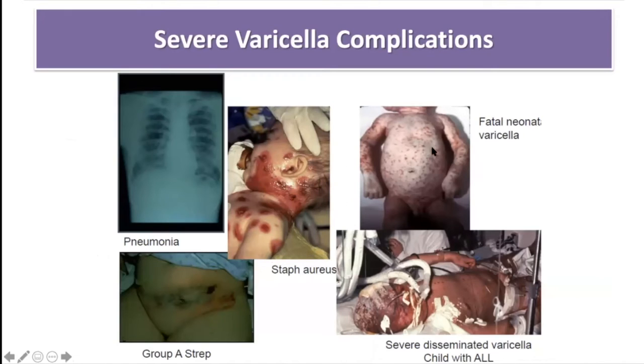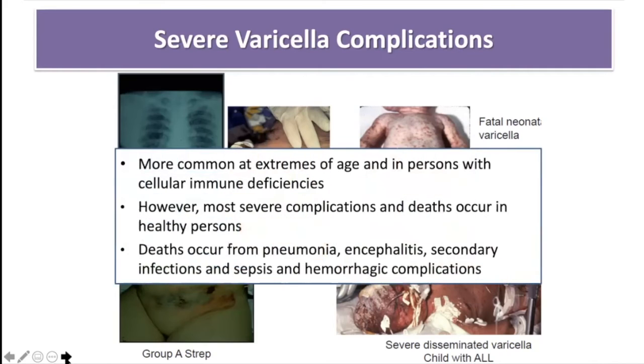This is an example of a patient with congenital varicella syndrome and a patient with disseminated varicella and a child with leukemia. So more common at extremes of ages, and again, persons with cellular immune deficiencies. Common causes of death are from pneumonia, encephalitis, or secondary bacterial infections, or bleeding complications.